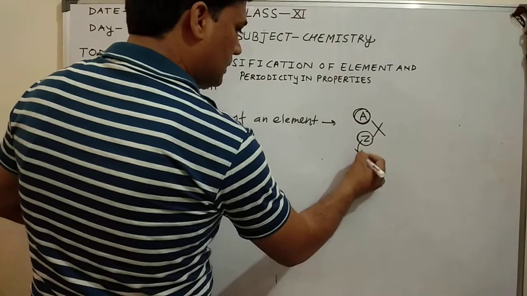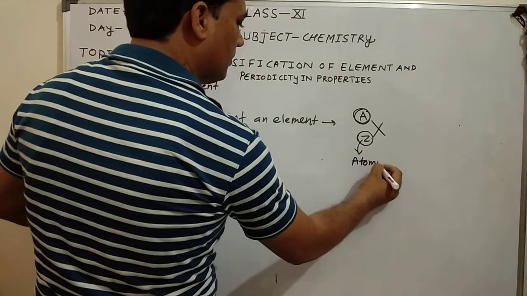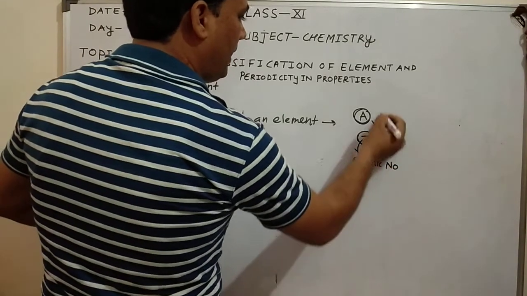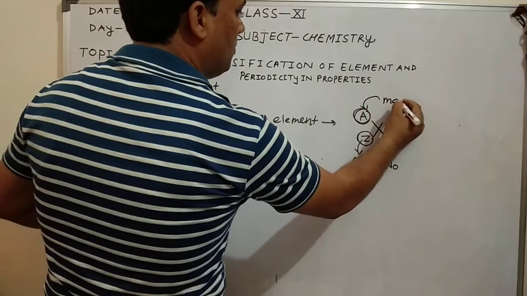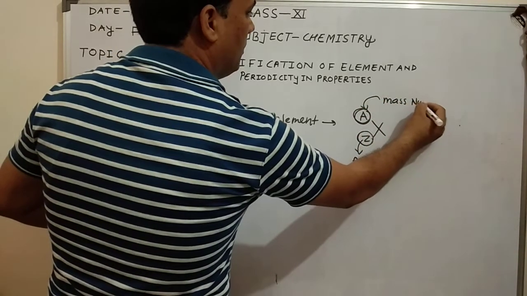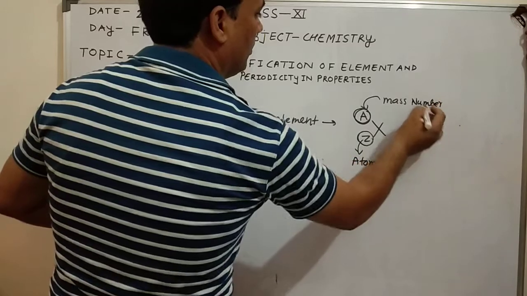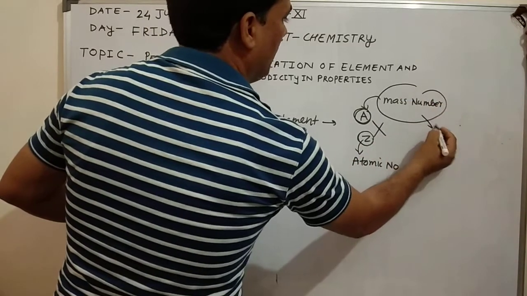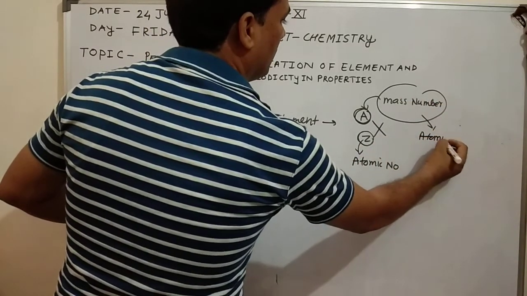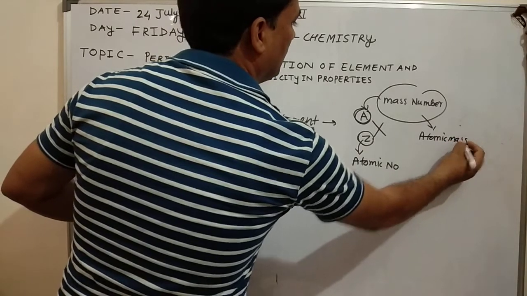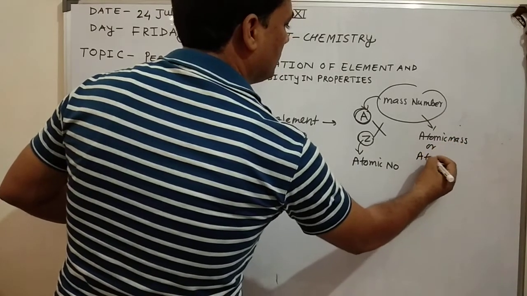Z is known as atomic number, and A is known as mass number, or atomic mass, or atomic weight.